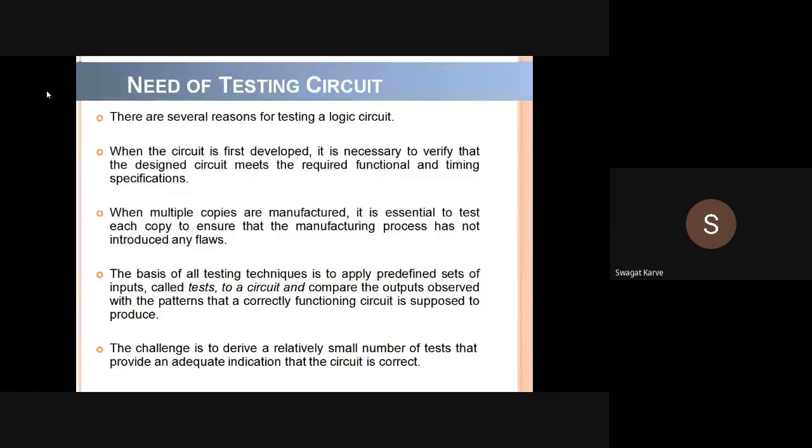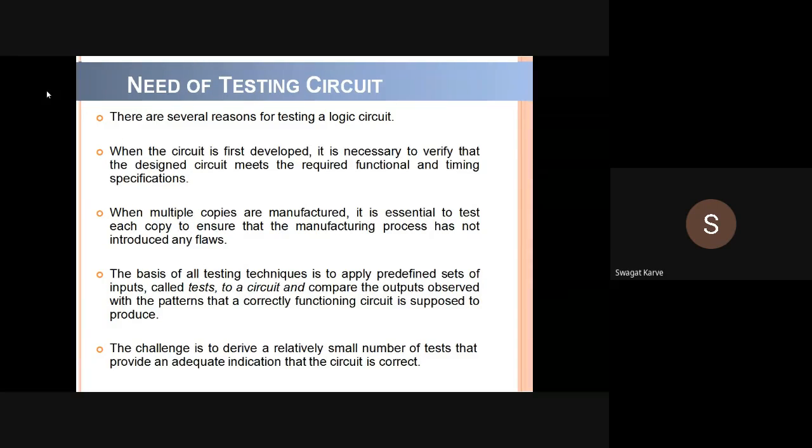And if for all test sets you are getting the correct output, then you can say the design or the working of that IC is perfect, or there is no fault in that IC.